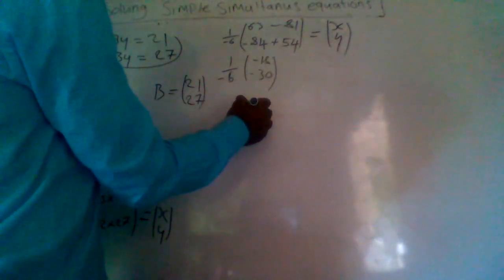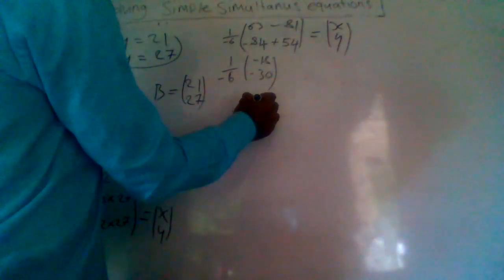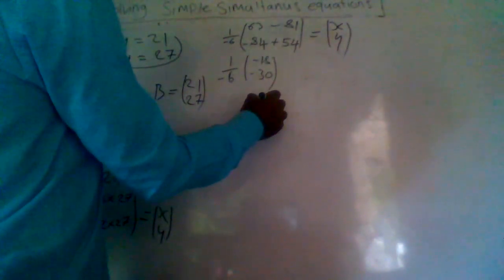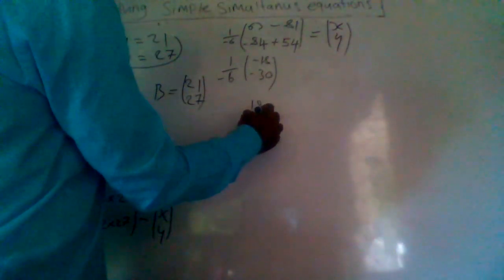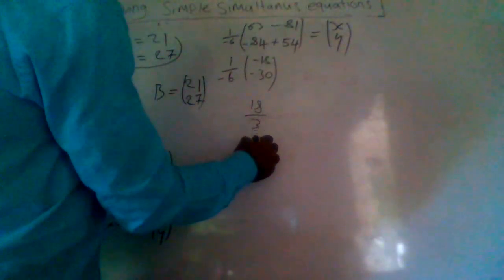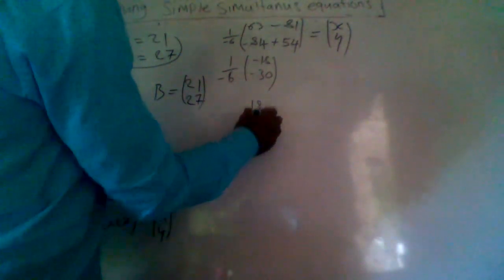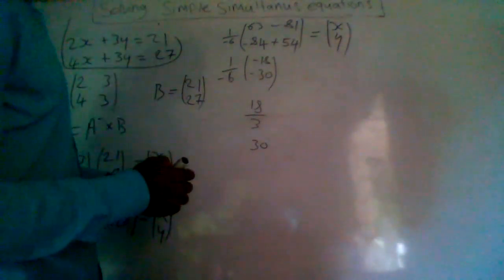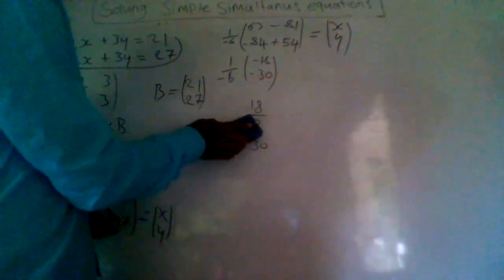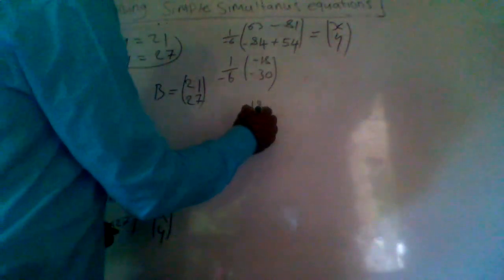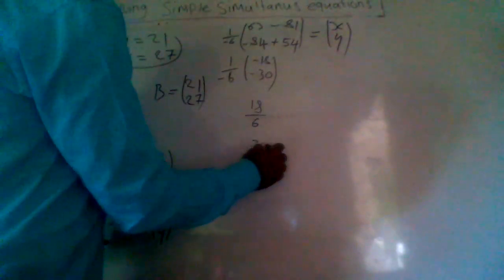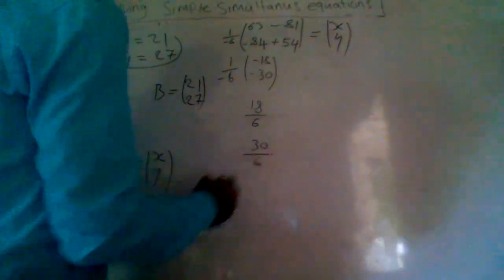So we'll have 18 over 6, sorry, and 30 over 6.